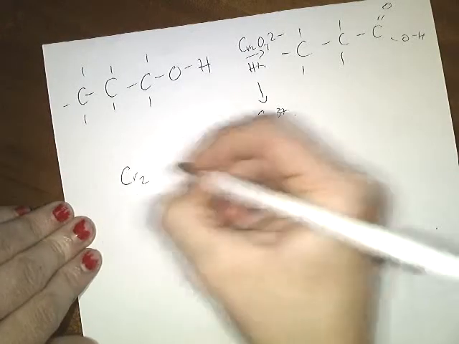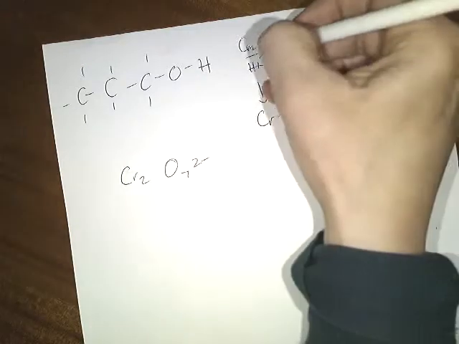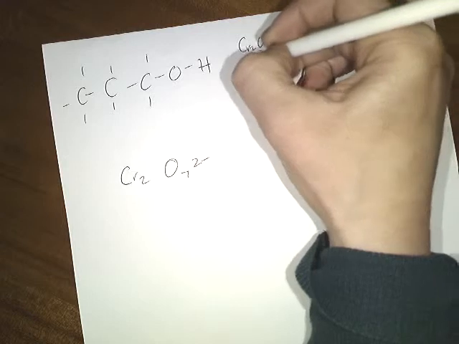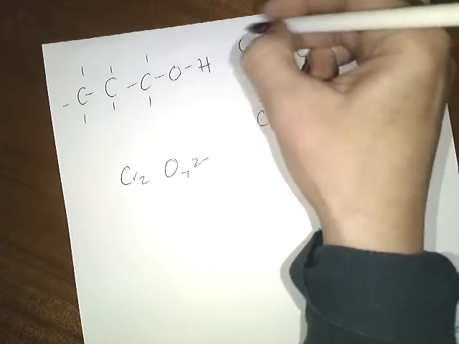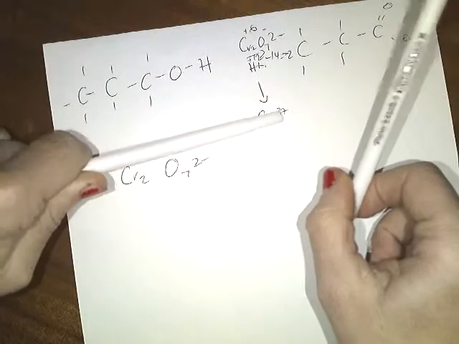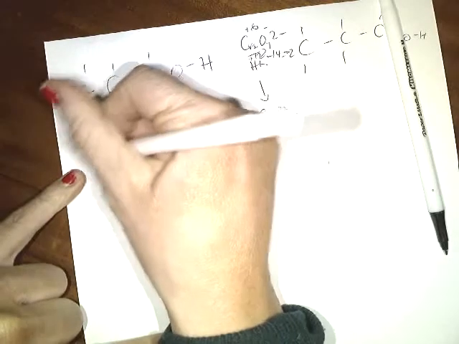So Cr2O72 minus has an oxidation number of 14 equals minus 2 positive 12, so plus 6 to plus 3. So we're looking for a gain of 3 electrons per chromium. So this will be a reduction.